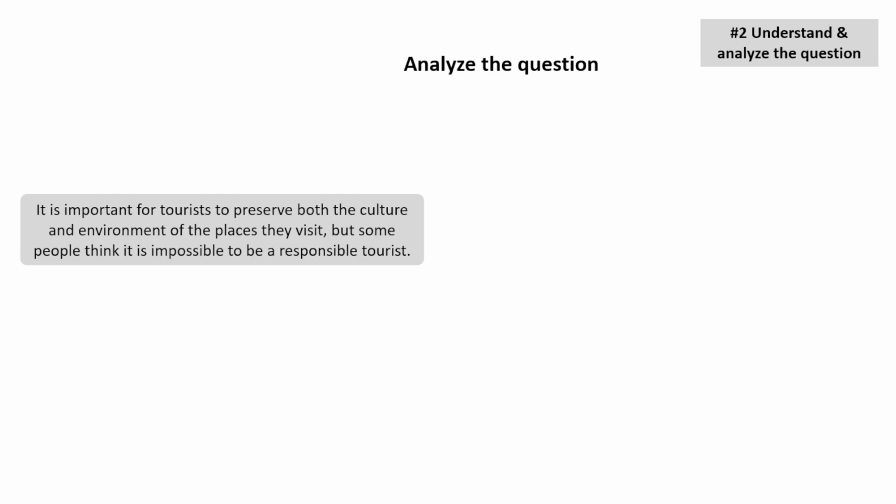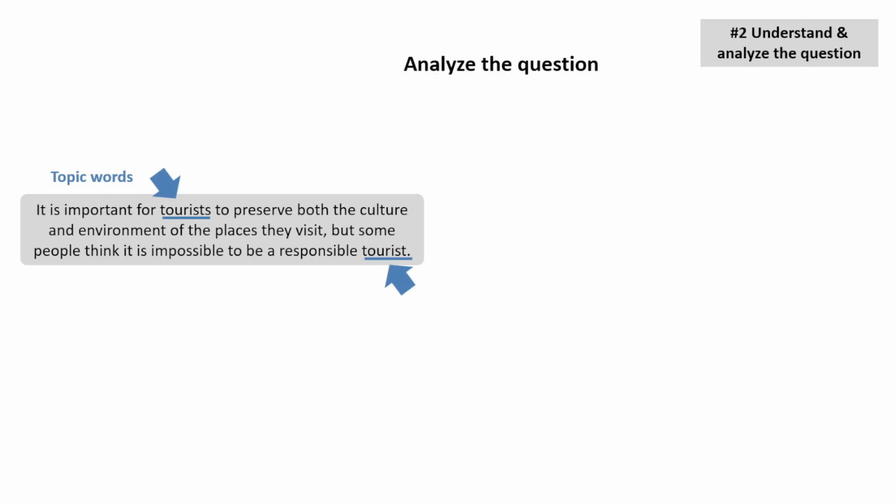Okay, so what do I mean when I tell you to analyze the question? Well, what I mean is that you need to look at 3 types of words in the question. You can see that in this question, we have topic words. We're writing about tourists. Those are the people who do the tourism, okay?